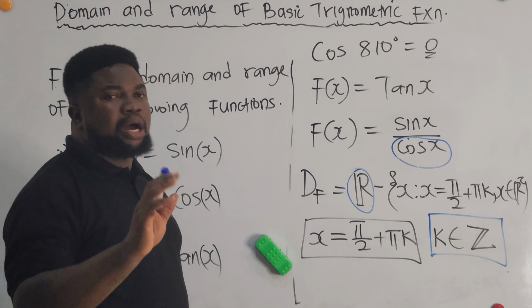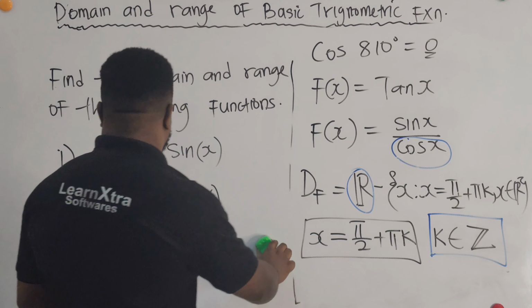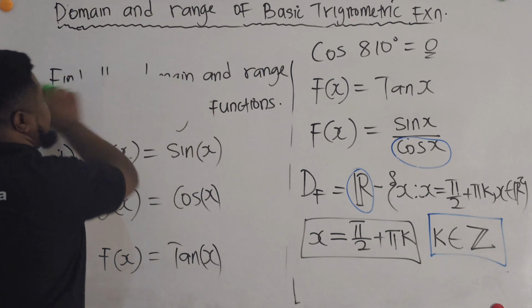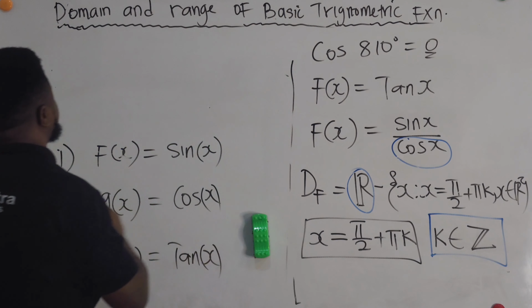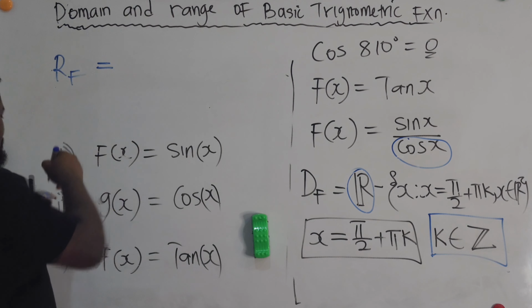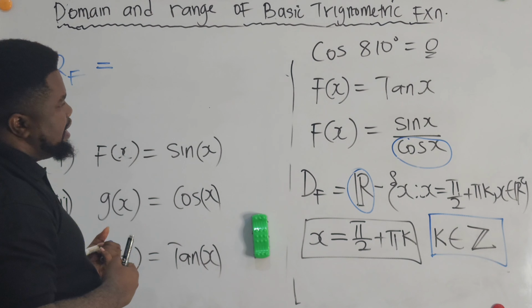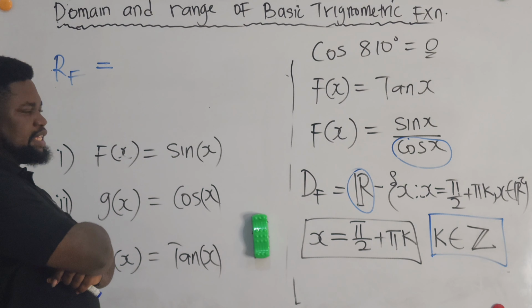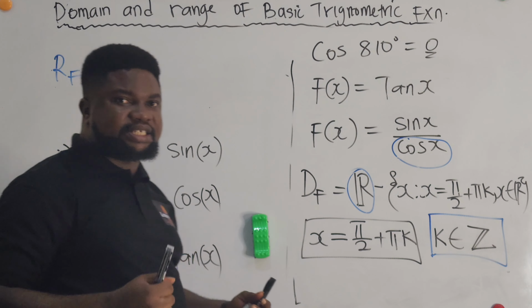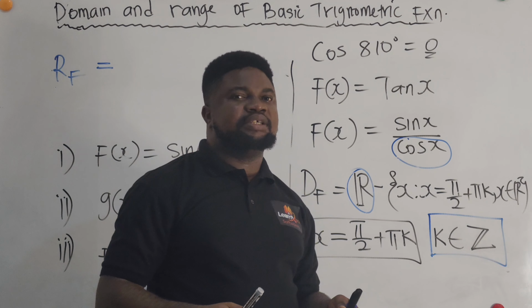So now let's talk about the range. The range of tan x, R sub f, is equal to... actually tan x is not like cos x and sin x, where we see the range is from -1 to 1.